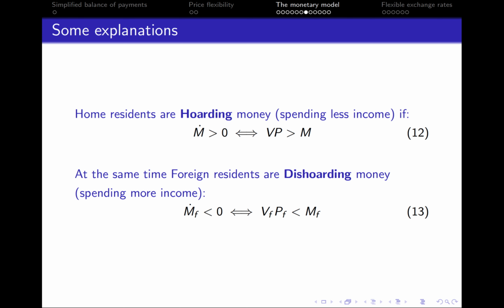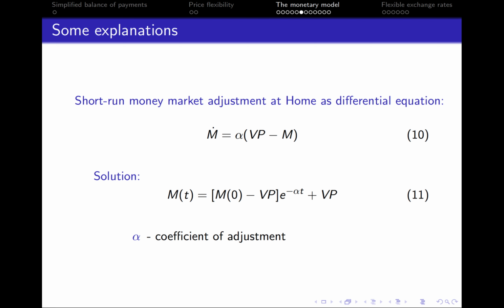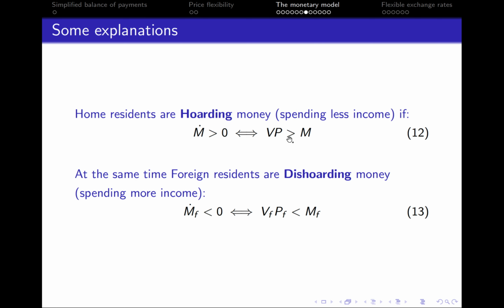Okay, but what exactly does this adjustment process represent and how is it done? If we go back to equation 10, we will see that if money demand is higher than money supplied, we will have a positive change in money.